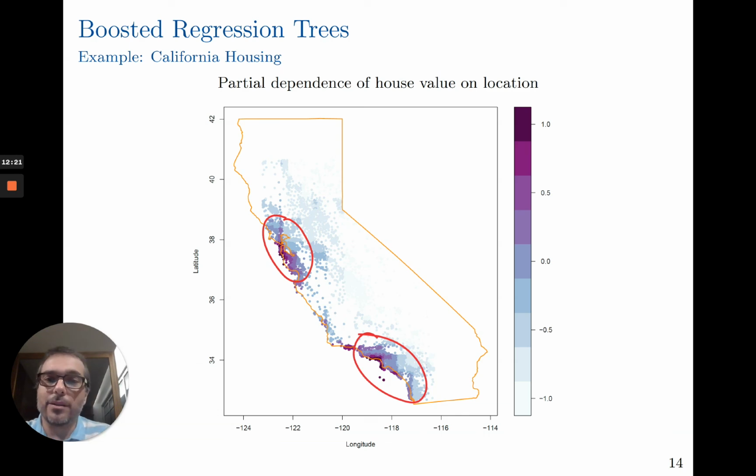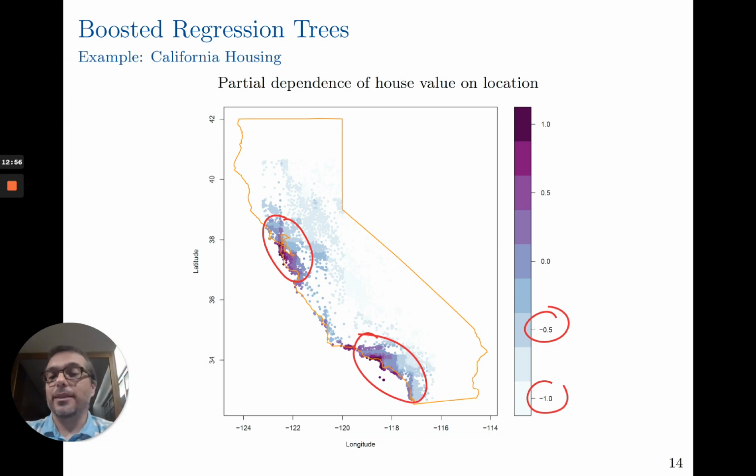If you get closer here to the desert, then you have less impact. And if you get further here, you can have even negative effects on prices. So this really shows the nonlinearity kicking in. It's not a linear relationship between the geographic location and prices. So that gives an idea of what's going on.